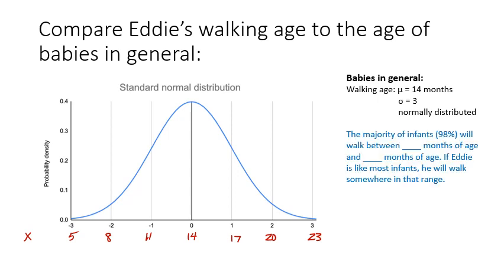And so now we're going to think about what we know about the percentiles. And we're going to fill in this statement: the majority of infants, 98%, will walk between blank months of age and blank months of age. If Eddie is like most infants, he'll walk somewhere in that range. So let's get our 98% marked in here. I'm going to choose a black pen to fill in this information.